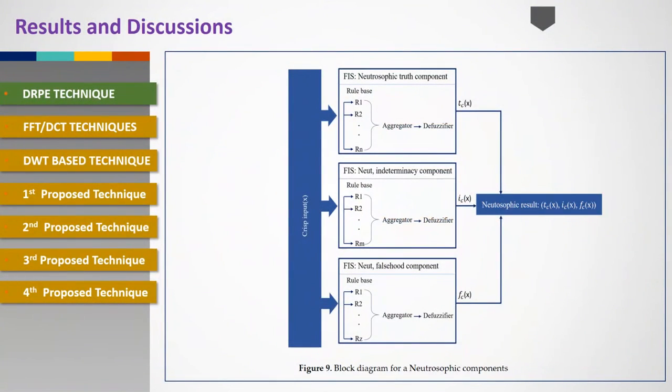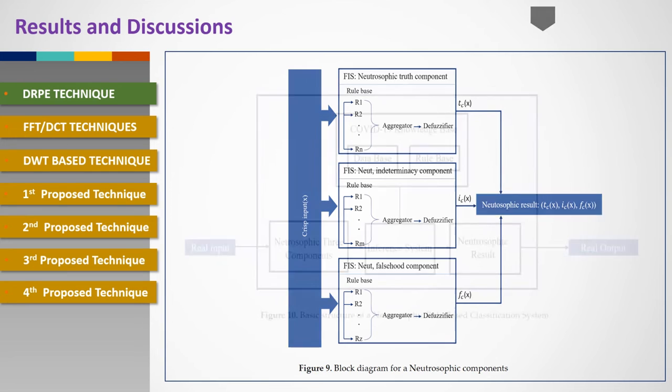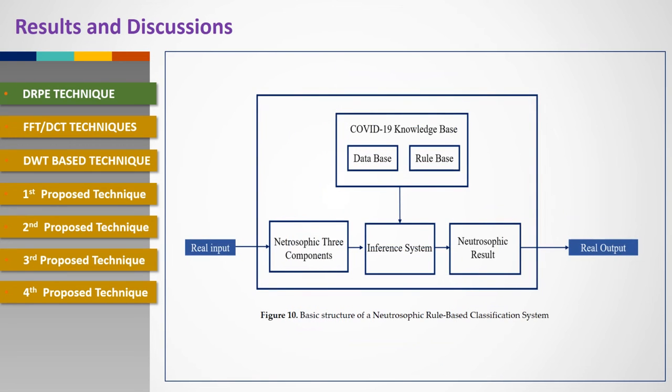This is the block diagram for the Neutrosophic component. Neutrosophic result. This is the basic structure of a Neutrosophic rule-based classification system for COVID-19: knowledge base, database, rule base.